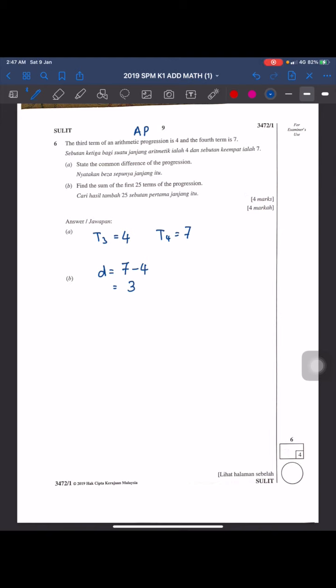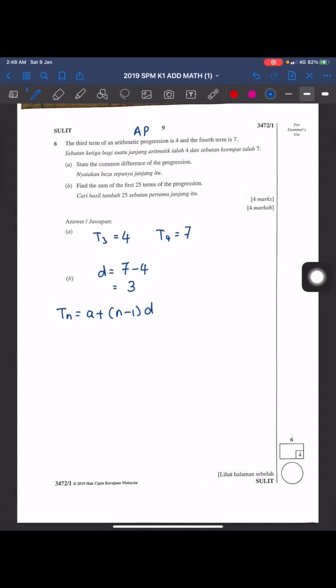Okay, for the second part, find the sum of the first 25 terms of progression. Okay, so D kita dah ada. We already get the value of D, the common difference, but we don't have any value of A, the first term. Okay, so kita cari dulu the first term. Okay, di mana nak mencari first term, saya boleh gunakan rumus Tn equals to A plus N minus 1 D. So from this question already given, ada 2 ni, T3 and T4.